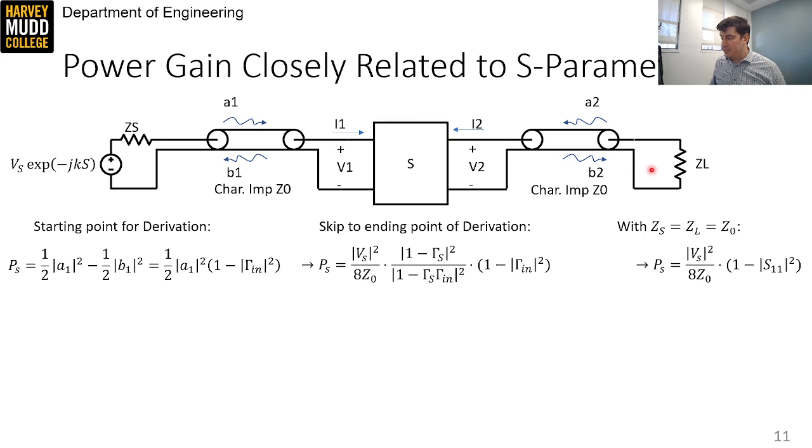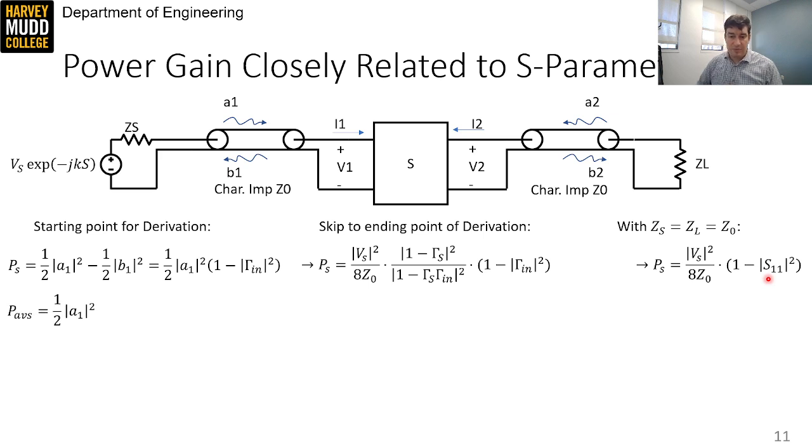So if gamma L is 0, then gamma in is equal to S11. This is kind of an interesting expression, right? Instant power times some kind of matching factor that captures power bouncing off of the S parameter network. So we can think of it when S11 is high, we can't deliver power to the network, and that's captured by this term.